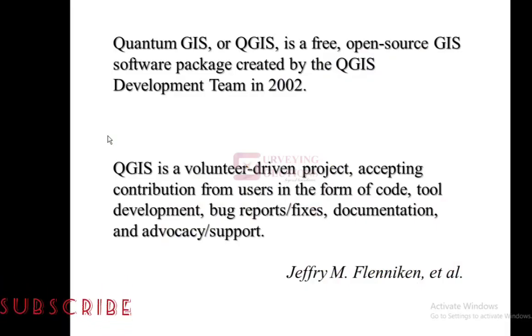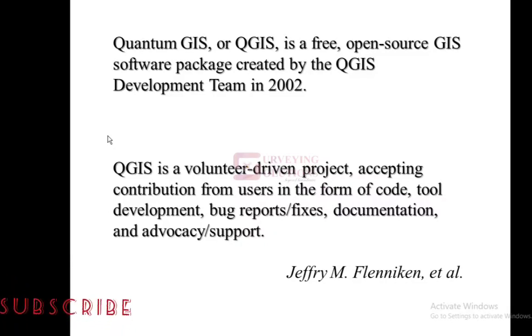Now let's look at a short overview. Quantum GIS, that's QGIS, is a free open source GIS software package created by the QGIS development team in 2002. It is a volunteer driven project accepting contributions from users in the form of code, tool development, bug reports and fixes, documentation, and advocacy and support.